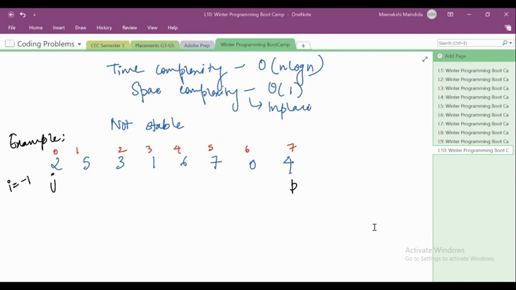Yes, go ahead, everyone. Try this example.